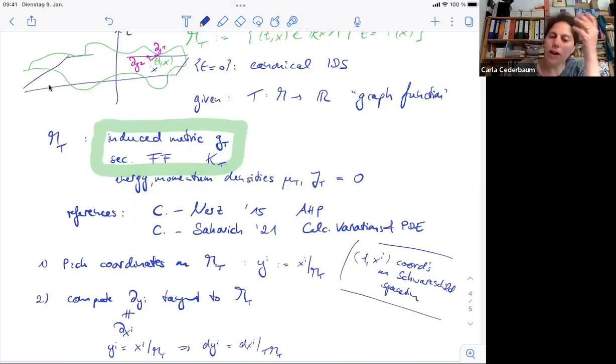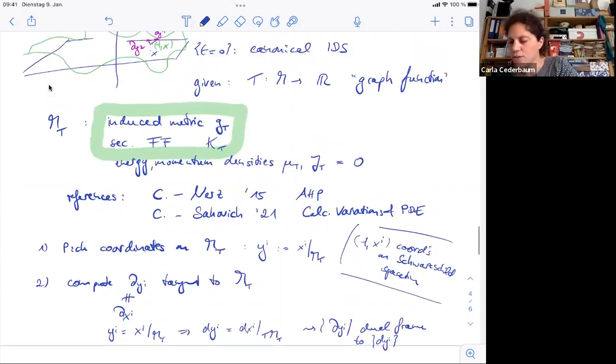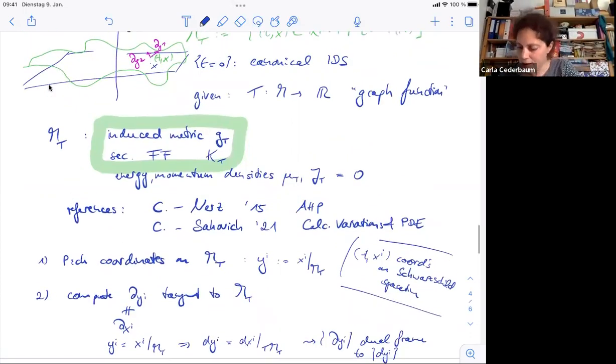Okay, and duality depends on which space you look at. So you have these canonical tangent vectors to this green graphical hypersurface in this way.